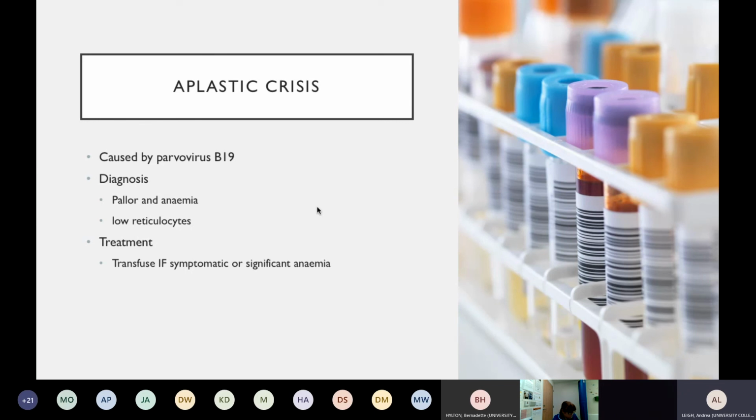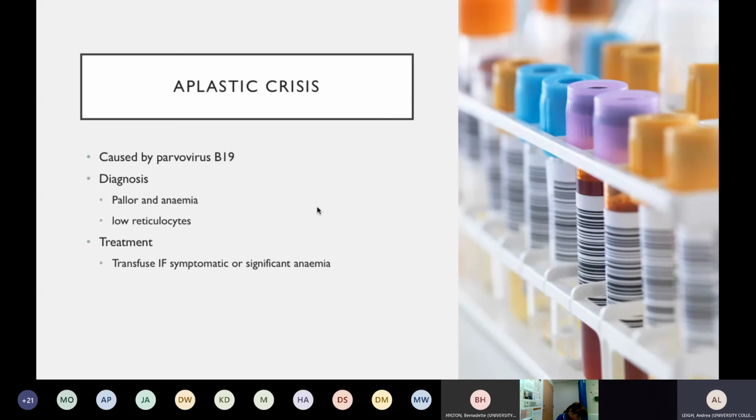One of the things to warn people, obviously, is if there are other children or other people in the house with sickle cell, then they need to have their bloods checked, because they may well have been exposed to parvovirus as well, and also if anyone's having chemotherapy or if anyone is pregnant, because it can cause hydrops fetalis in pregnancy due to fetal anemia. We tend to transfuse if you've got an aplastic crisis, if you're symptomatic or have significant anemia.